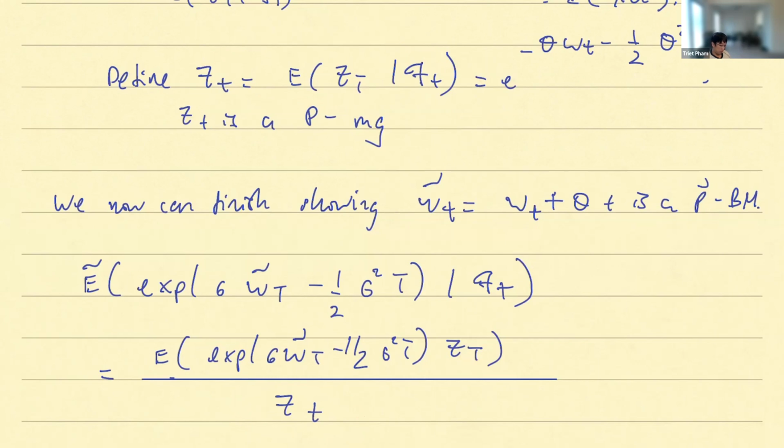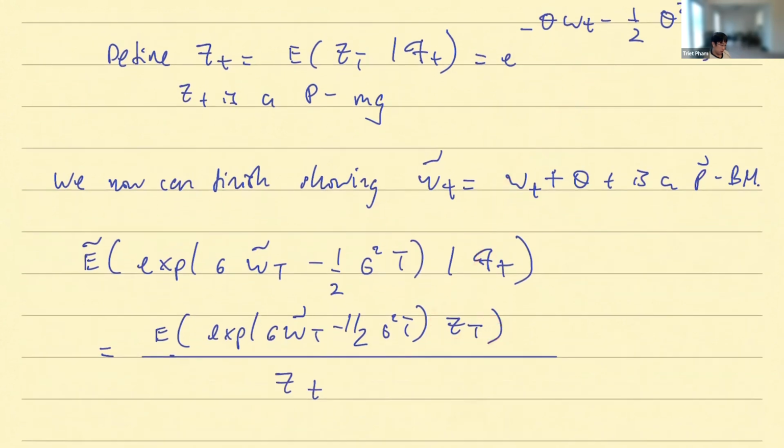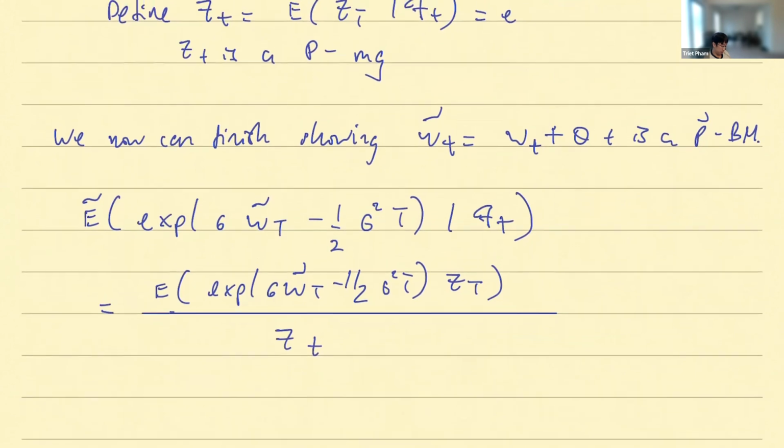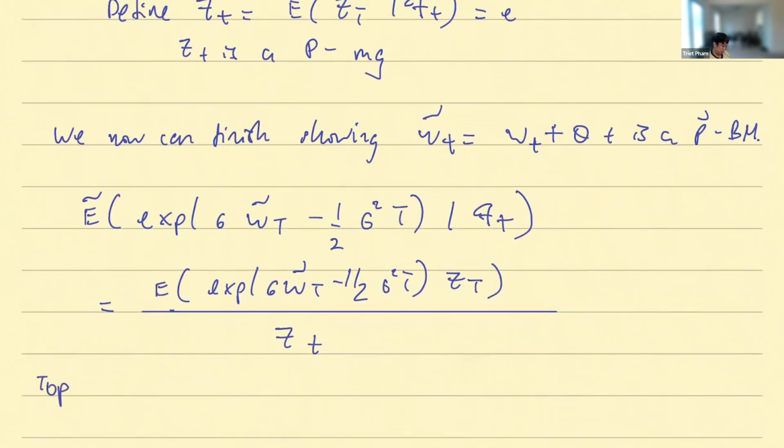Now you have to unravel what this ZT is, and also unravel the W tilde. So let's analyze the top piece.